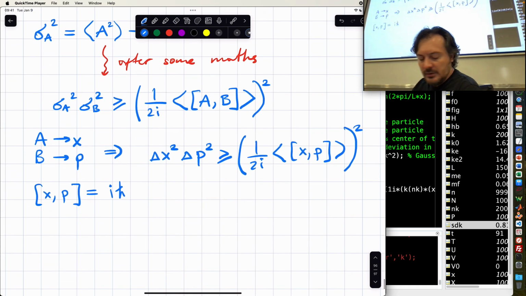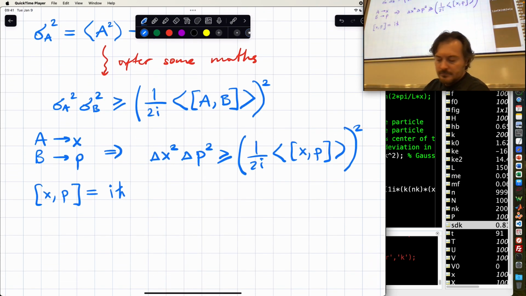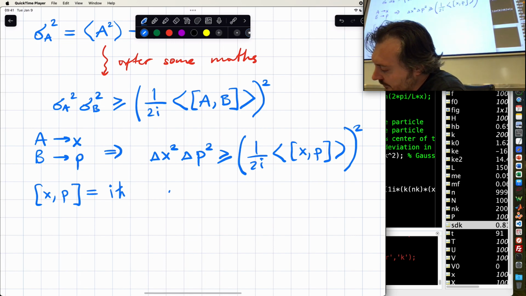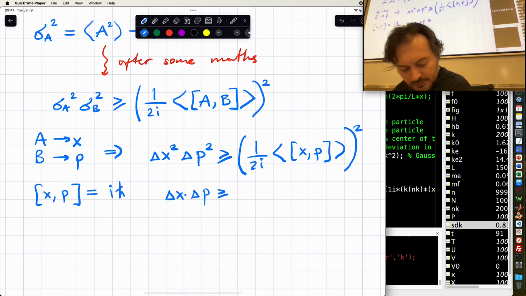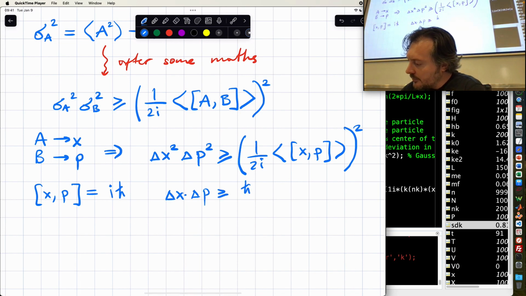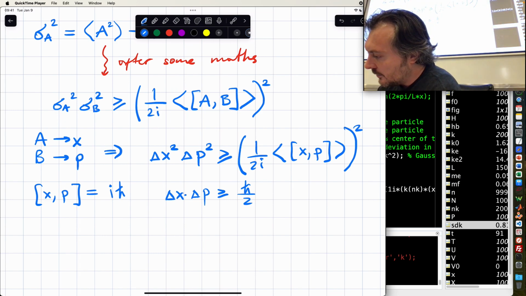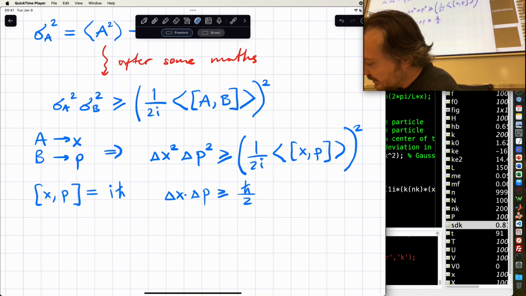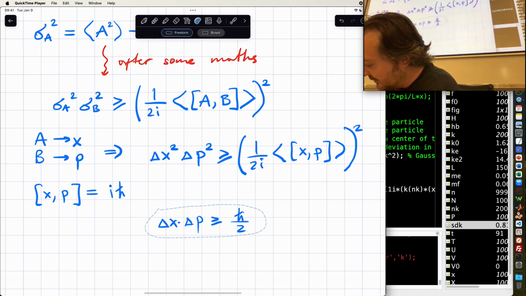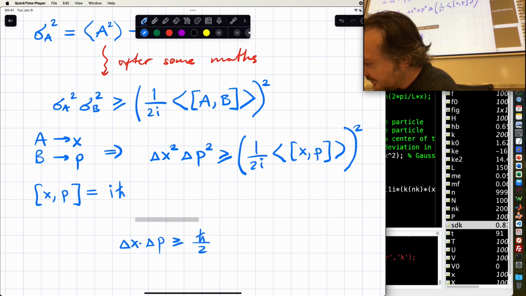So now I can plug it in, and that will give us this. Delta x times delta p is greater than or equal to h bar over 2. It was a bit anticlimactic, sorry. Let me put it in the middle, put it in a box.